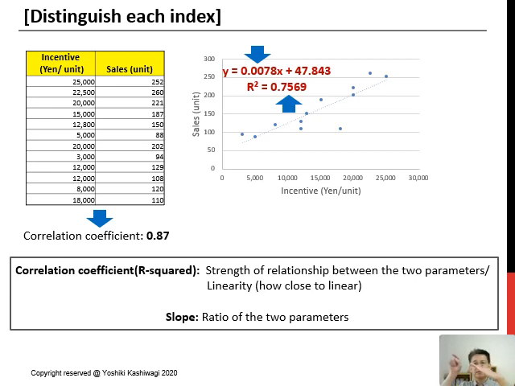You can see the slope of the straight line. If the number is higher, you see a steeper slope. This slope shows the effectiveness, or ratio, between X and Y. So please rephrase: what does it mean in this case? This slope shows.